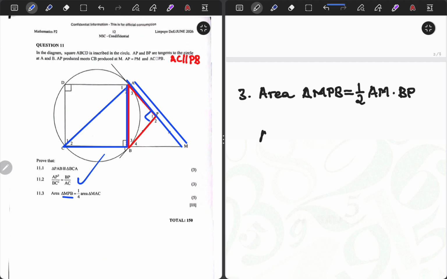And let's write area of triangle MAC. That would be half.